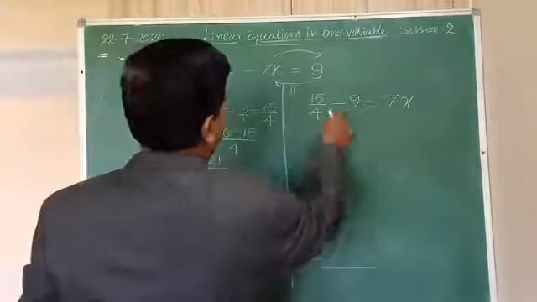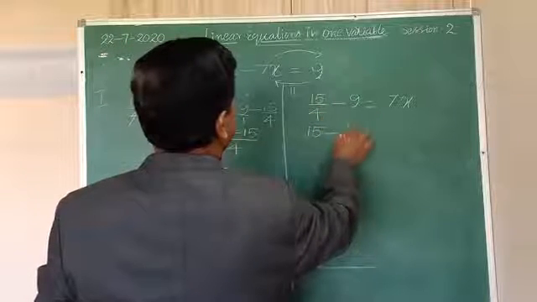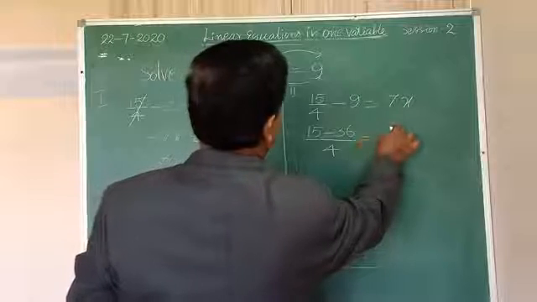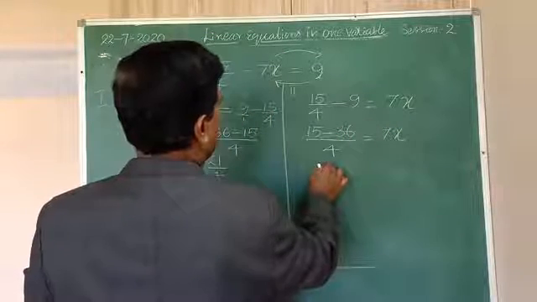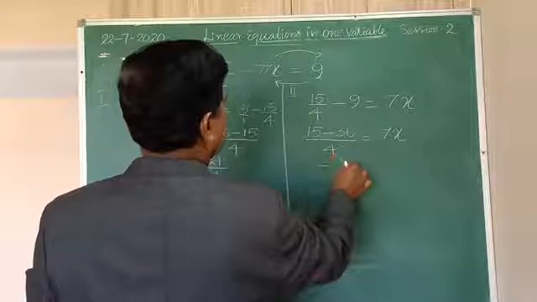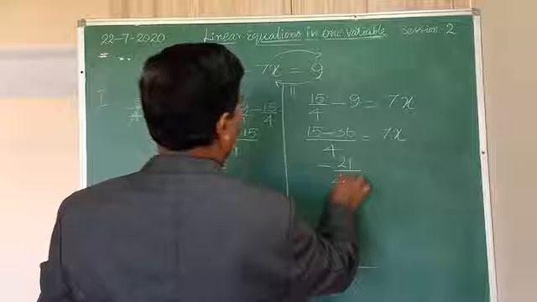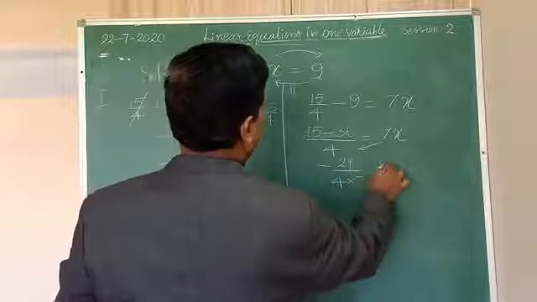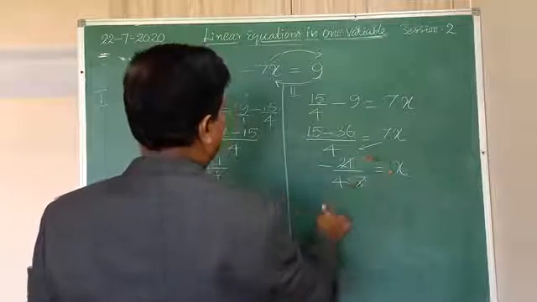Now here is the same thing. 15 minus 4 nines are 36 by 4 equals 7x. Then 15 minus 36 is minus 21 by 4. Shift this 7 to this side, into 7 equals x. Now 7 ones are 7, 7 threes are 21.